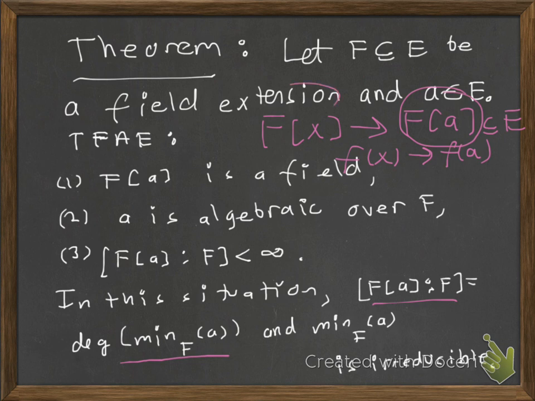And since F[x], this polynomial ring, is a PID, its kernel, which is an ideal, is generated by a single element, and that element can be chosen to be monic. Once you choose it to be monic, it's unique, right? There's only one monic such polynomial as has A as its root, and it generates the whole kernel. Okay, so that's what we did last time.